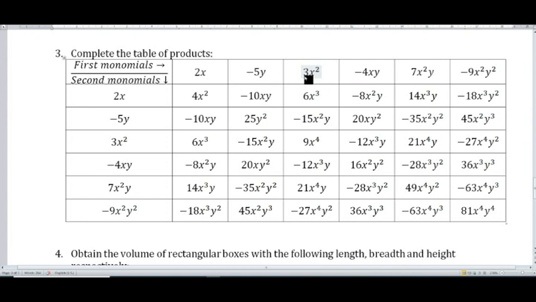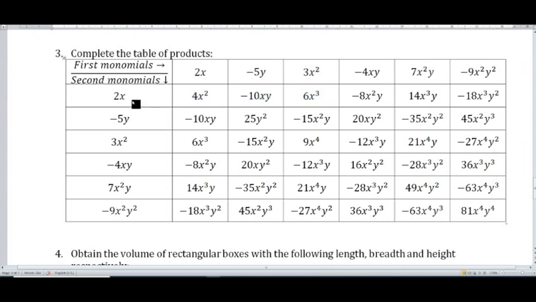So 2x will remain the same here. This 2x will be multiplying with 3x square here. 2 3s are 6, and x will occur 3 times, so x cube.